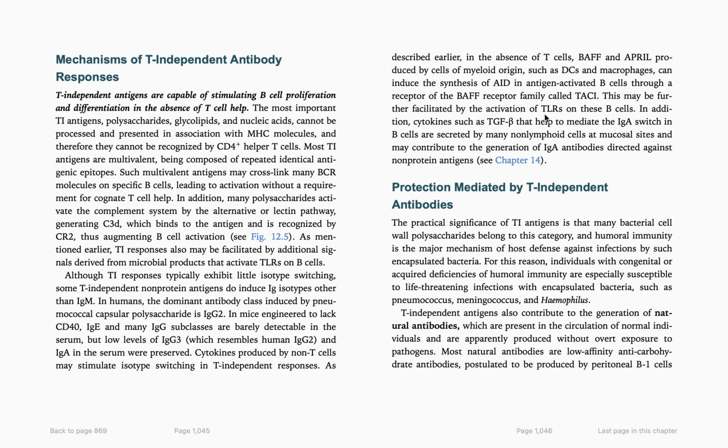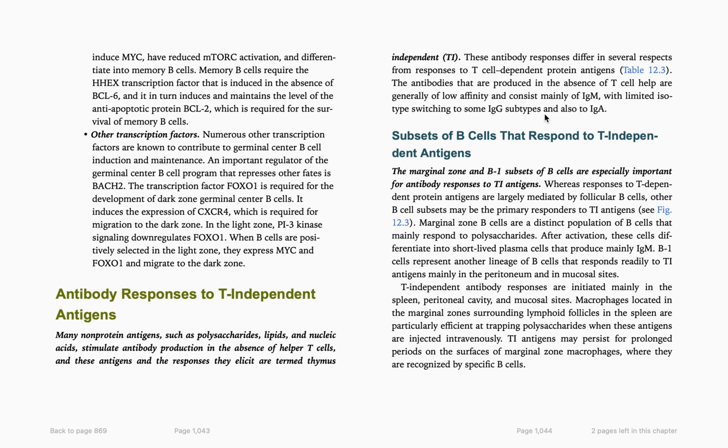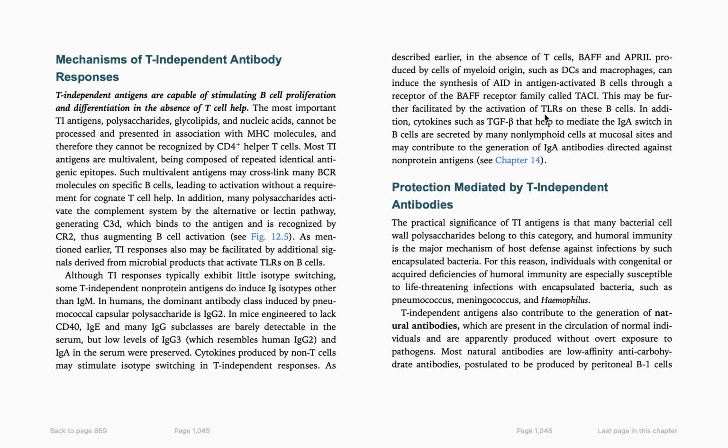As mentioned earlier, although TI responses typically exhibit little isotype switching, some T-independent non-protein antigens do induce Ig isotypes other than IgM.